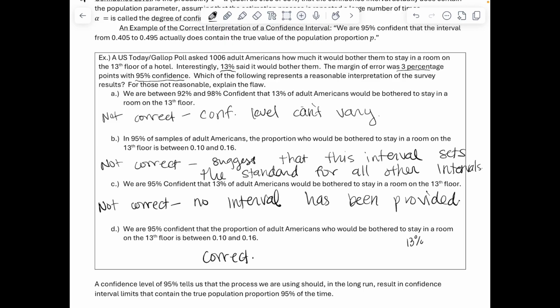If you add the 3 percentage points and subtract the 3 percentage points, you get the confidence interval: 13 plus 3 is 16%, and subtracting the 3 gives 10%. So your interval is between 10% and 16%, which as decimals is 0.10 and 0.16.